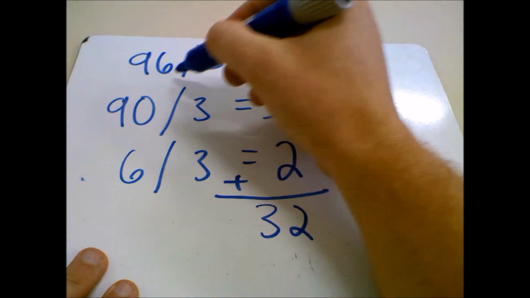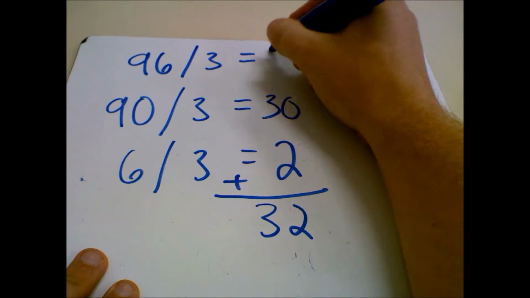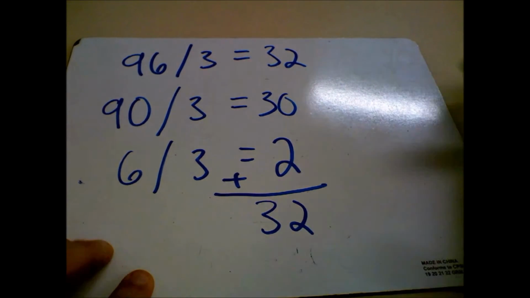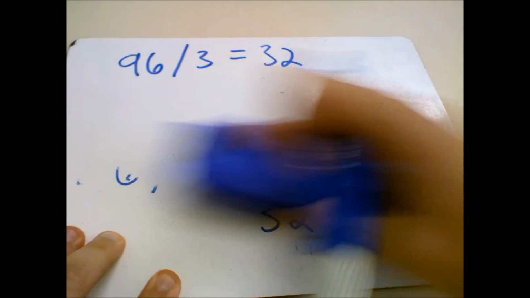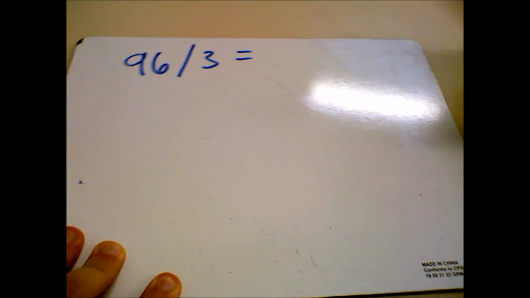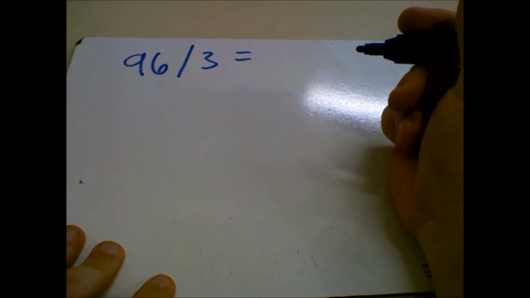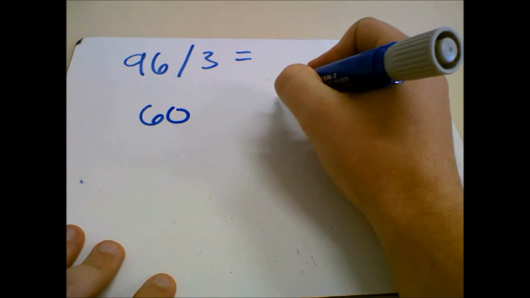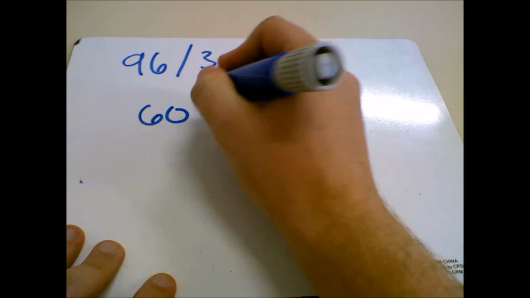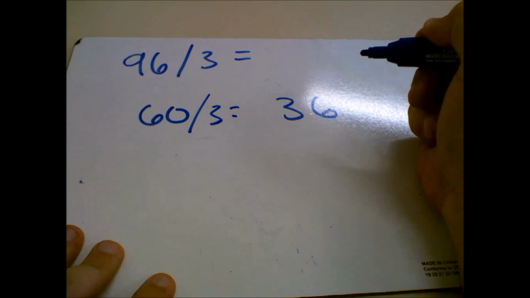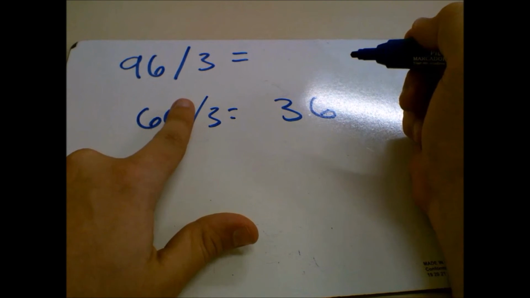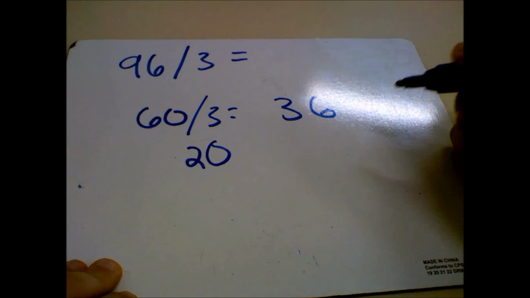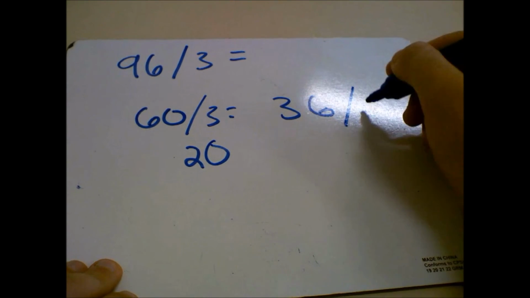So 96 divided by 3 is 32. Another way we could do this, 96 divided by 3, is if we divided it into 60 and 36. 60 divided by 3: 6 divided by 3 is 2, slap another 0 on it. 36 divided by 3.